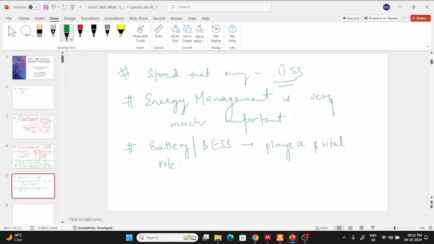Because if you want to manage the energy, then at some point of time we have to store that energy, and the stored energy can then be used at another point of time. That's why batteries play a very pivotal role in energy management.